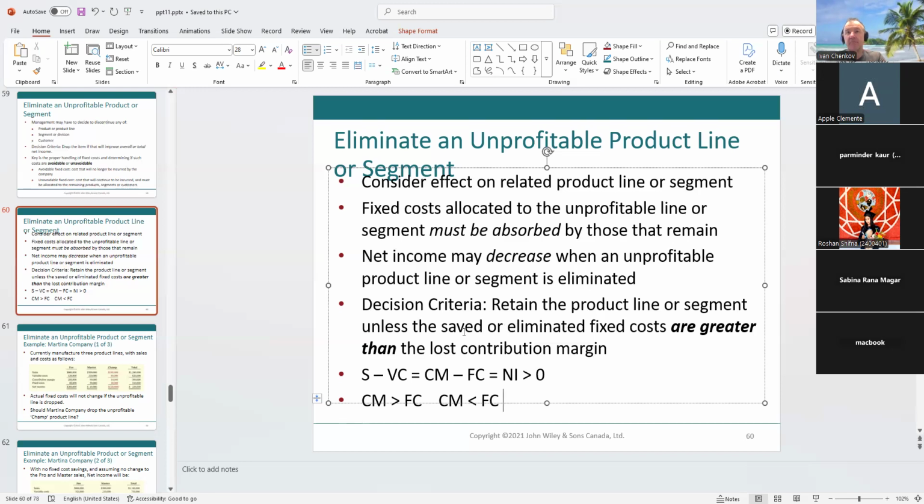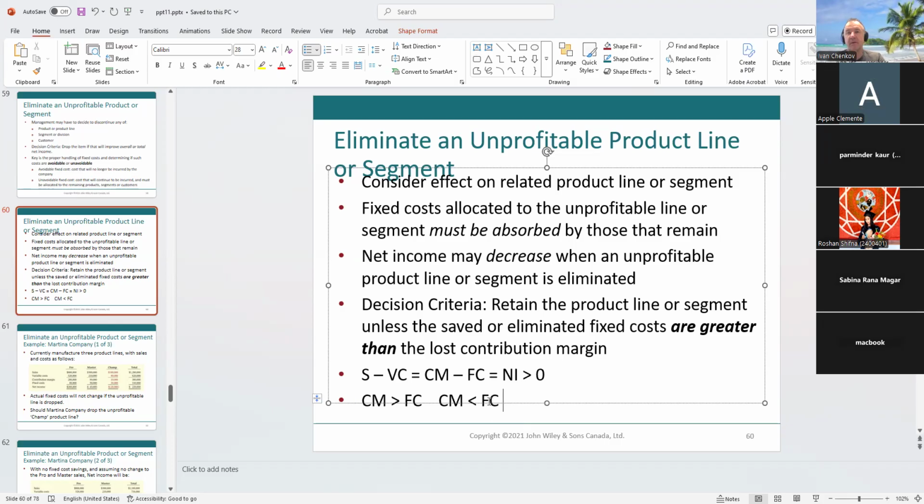We're going to eliminate the product or segment only if the savings from eliminating the fixed cost are more than the contribution margin. Otherwise, we're going to keep the product. Do you understand this?